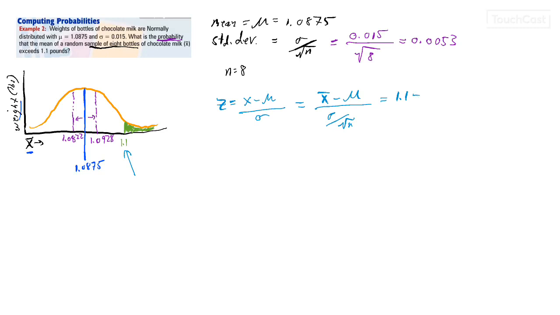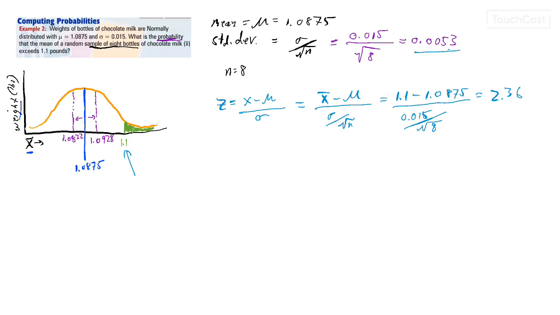We know mu is 1.0875, and we're dividing that by the population standard deviation, 0.015, divided by the square root of 8, which we've already calculated up here. If we run through this calculation in its entirety, we should get 2.36 as our final number. So 2.36 is our z-score.